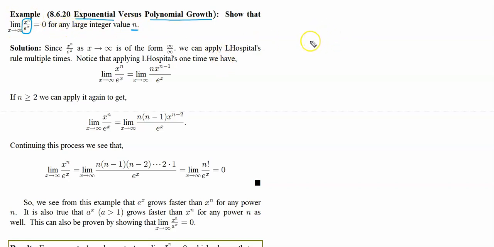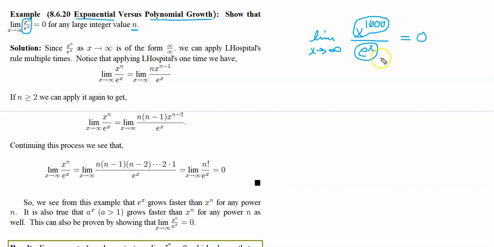It shows us that if we consider the limit as x approaches infinity of x to any power as large as you want, say x to the 1,000th power, that's a really fast-growing polynomial, divided by e to the x, this limit is 0. So this shows us that the exponential in the denominator grows much faster than the polynomial in the numerator does.